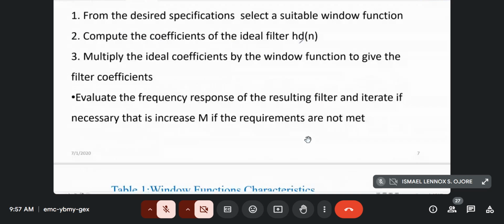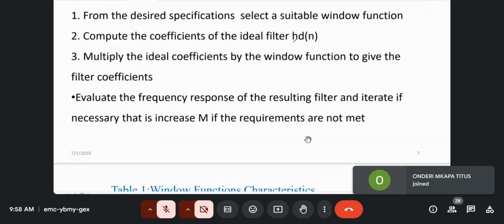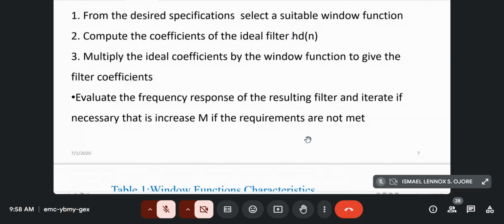I don't know whether this should be the ideal. Actually, this is the desired. Actually, we normally call it h(n). We don't do the coefficients of this; we do the coefficients of h(n). But anyway, we are going to calculate the coefficients of h(n) because you have already subjected the desired filter to a window.